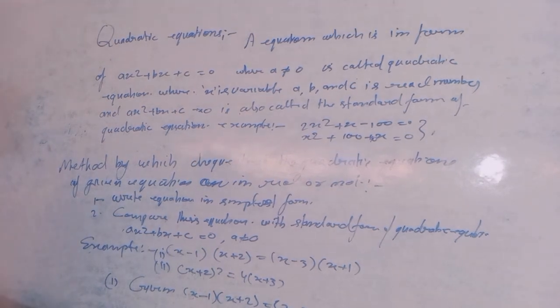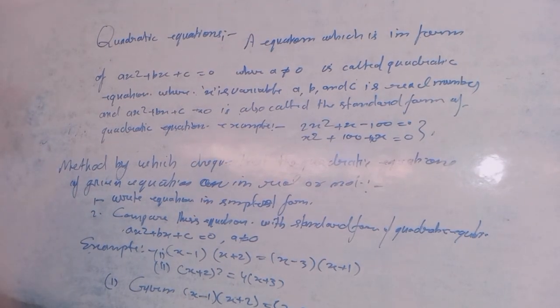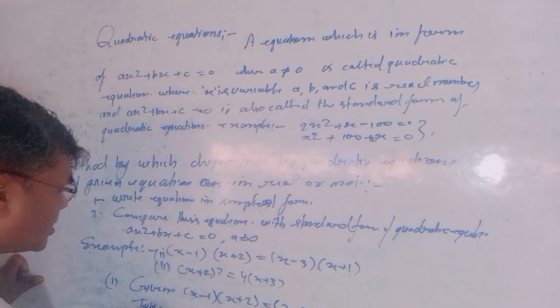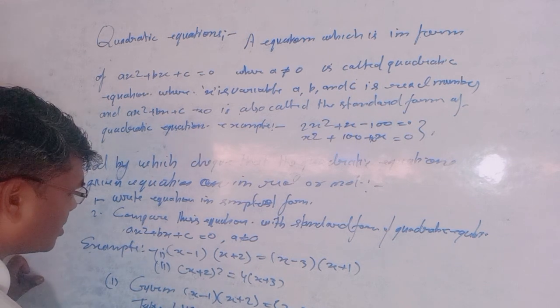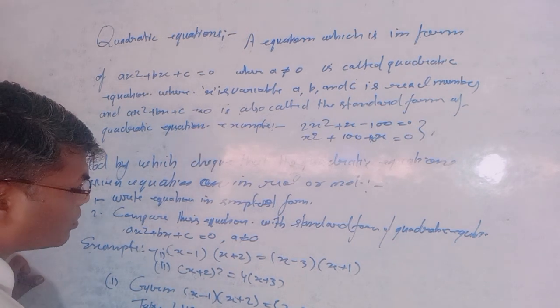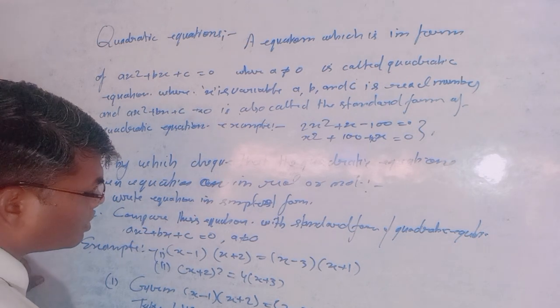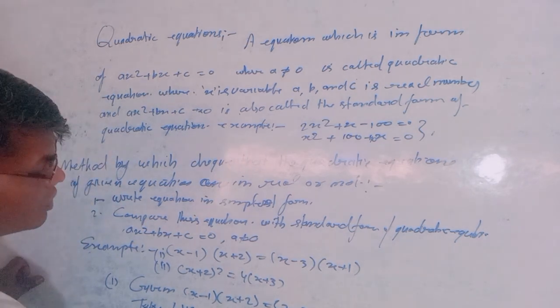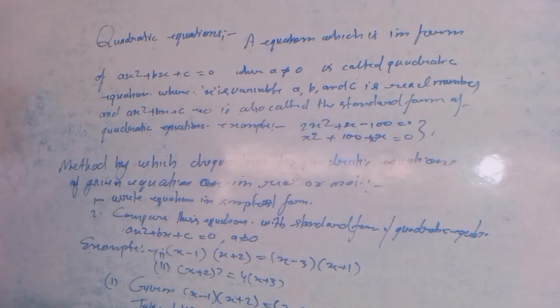So in equation number 1, the LHS is in product form, and the RHS is also in product form.